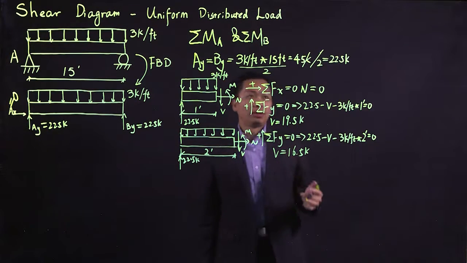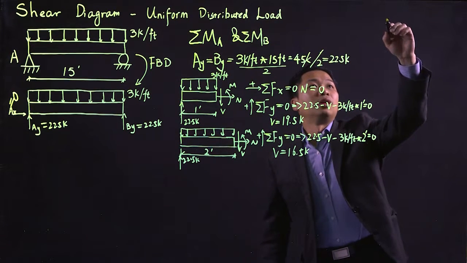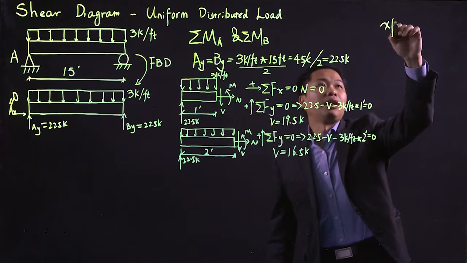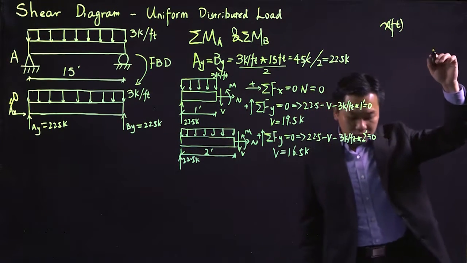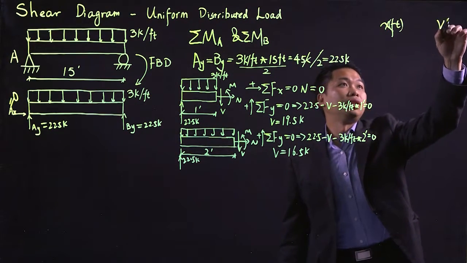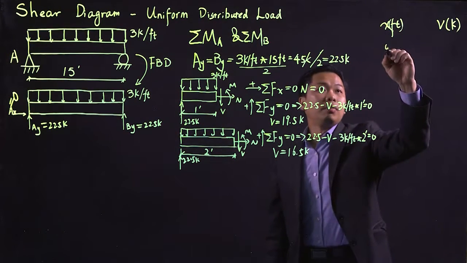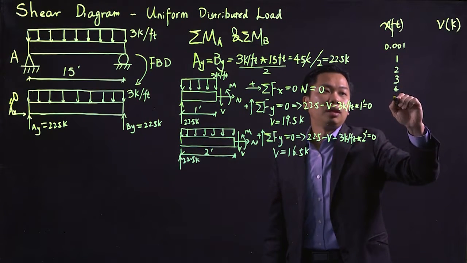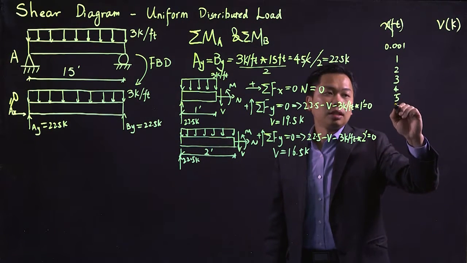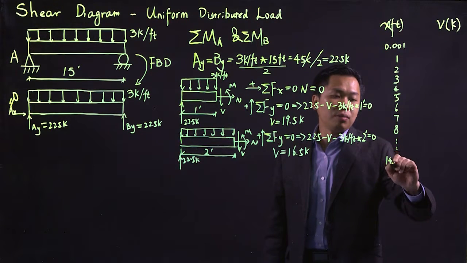You can do this for all the sections, and due to time I calculated those for you, and I'm going to list them here. So here's the shear. For x we have 0.001, 1, 2, 3, 4, 5, 6, 7, 8, all the way to 14.999.